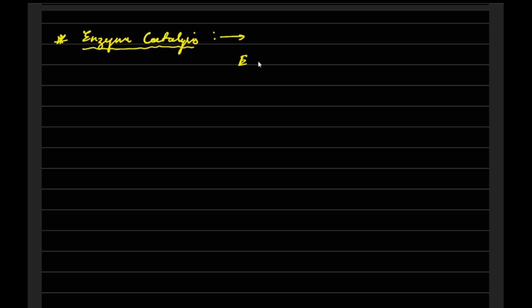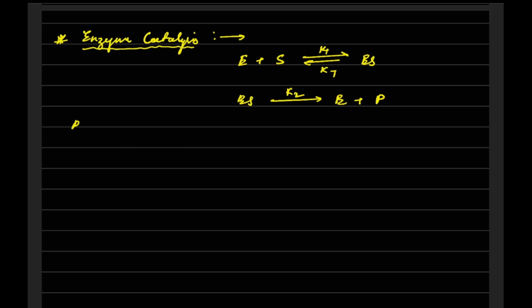Okay, enzyme and substrate in equilibrium will give the enzyme-substrate complex, that is K1 and K-1, where the enzyme-substrate complex will give enzyme and the product with K2. Okay, this is the reaction.